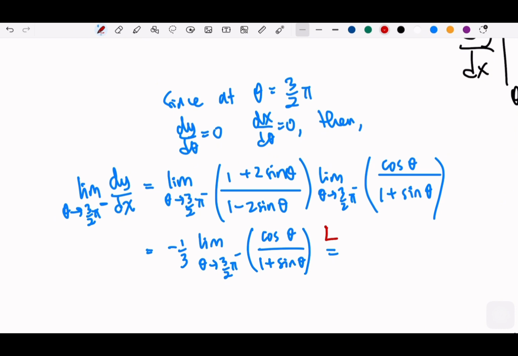So it means that we take the derivative for both the upper and lower equations. So this is negative sine divided by cosine theta, which is going to be tangent, and the tangent is infinite at 3 over 2 pi, right? So we can say that this will be infinite.